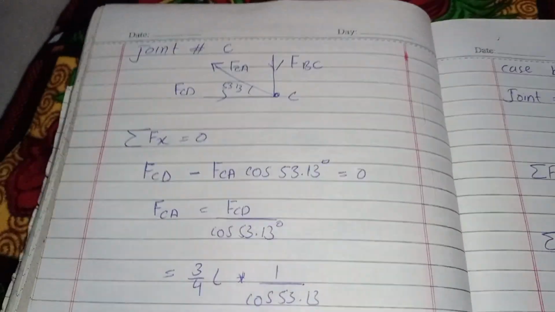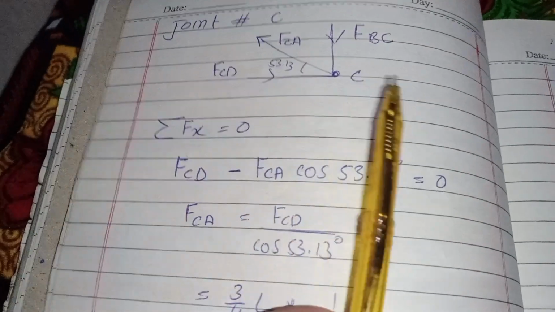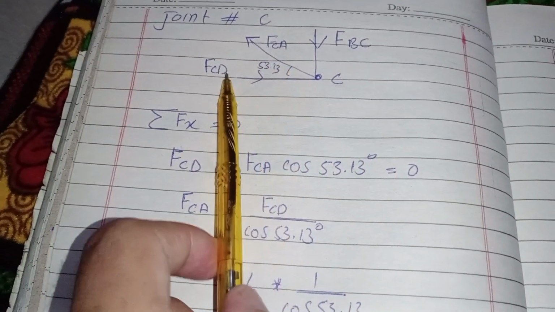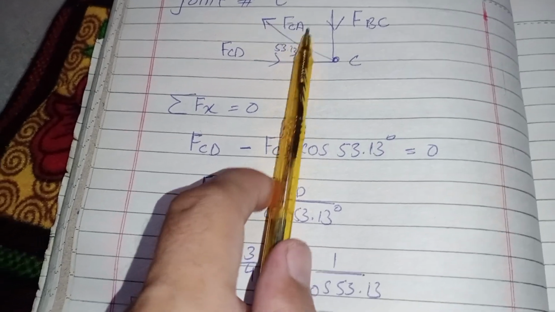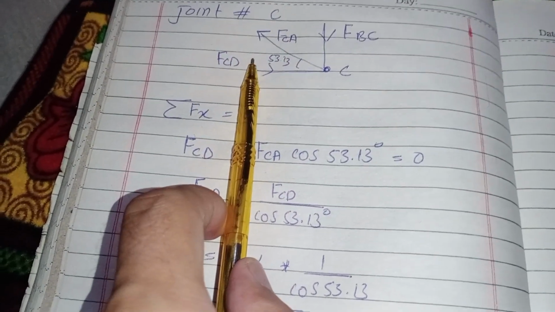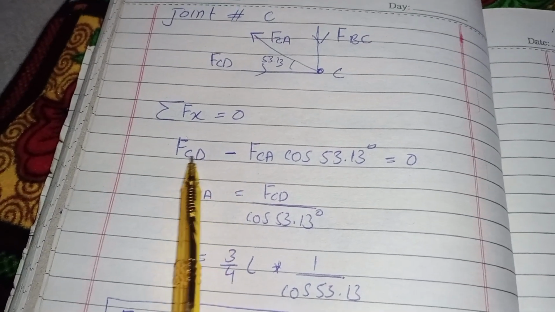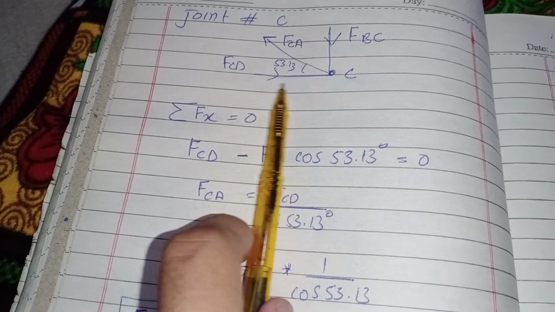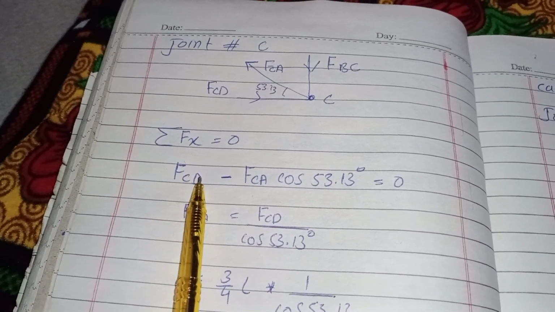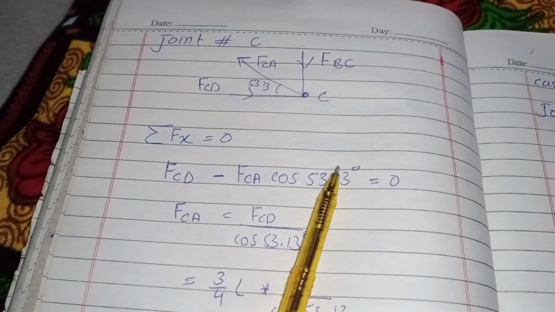Okay, so I take summation of all horizontal forces acting on this joint. There are two horizontal forces. One horizontal force is the component of FCA, and the other horizontal force is FCD, which is directed to the right. That's why I take positive FCD, negative FCA cos 53.13 equal to 0.